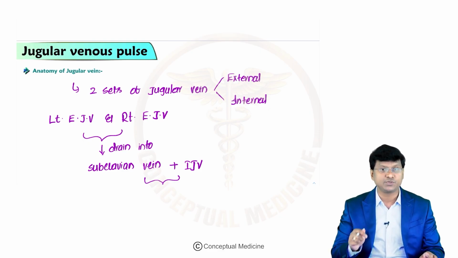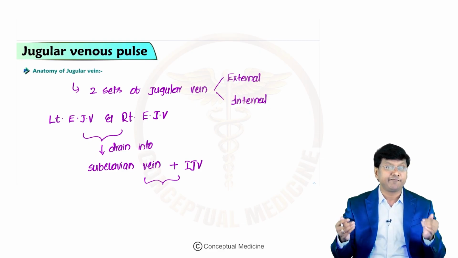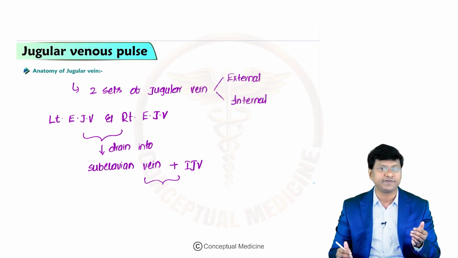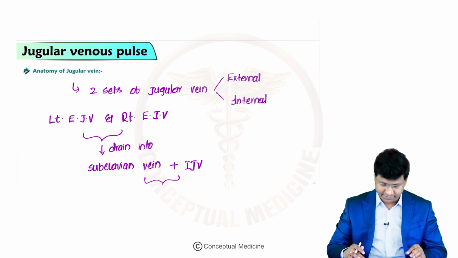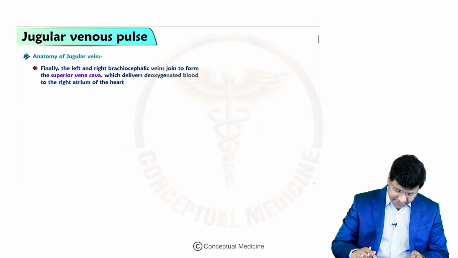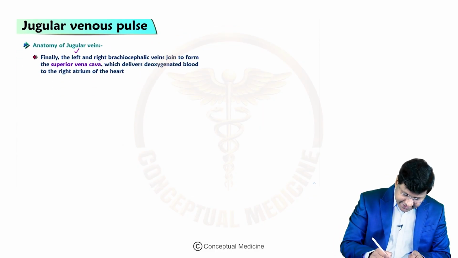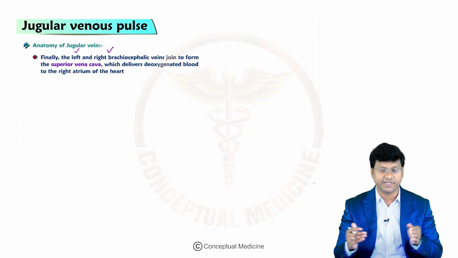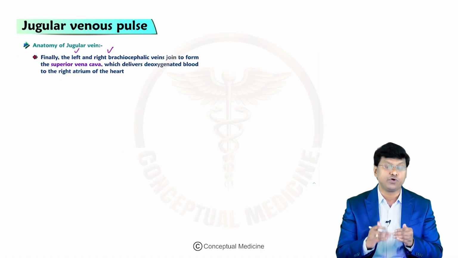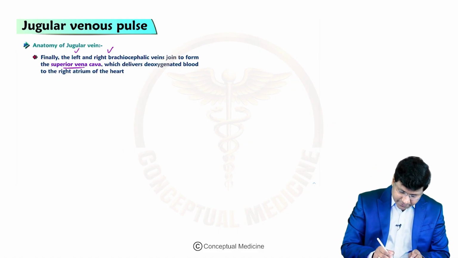You have the brachiocephalic vein on the right as well as the left. Both of them join to form the superior vena cava.